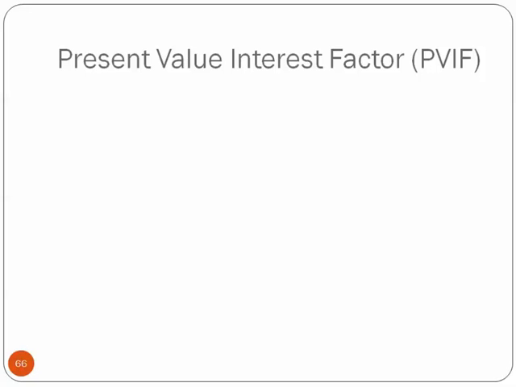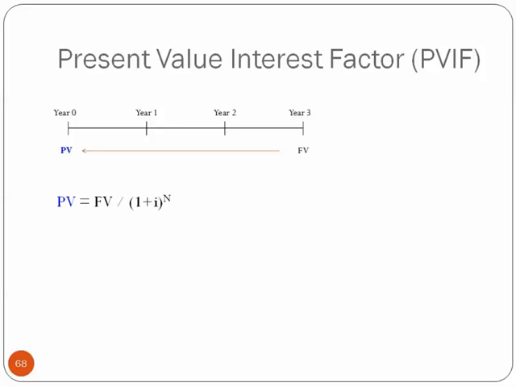So now I want to introduce just a new mathematical term here that gets used frequently when doing these present value calculations. So in the previous example, we saw that the present value based on this formula is just the future value divided by 1 plus i to the nth.